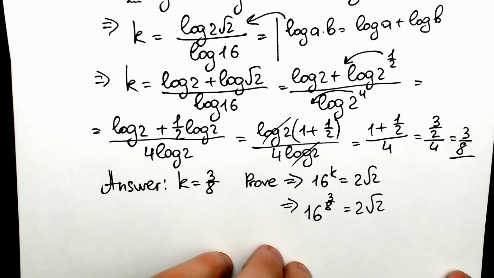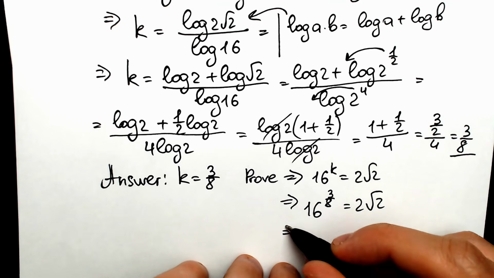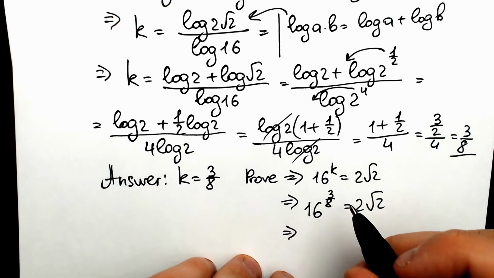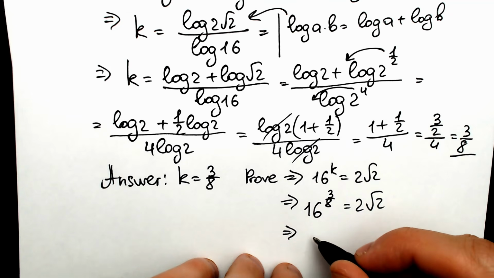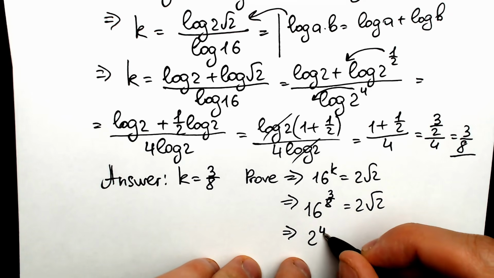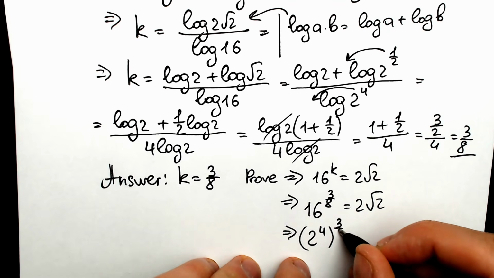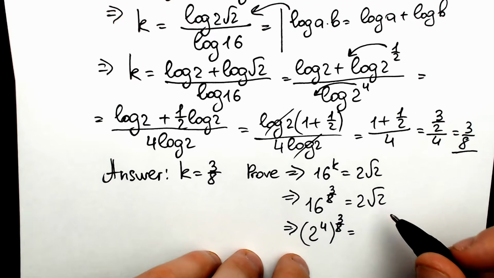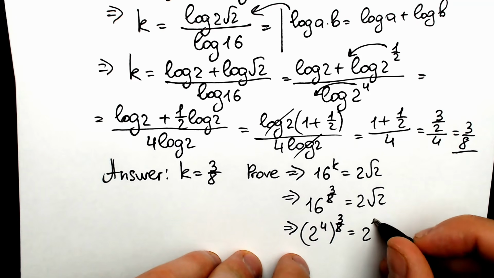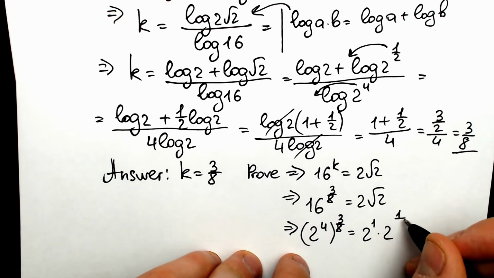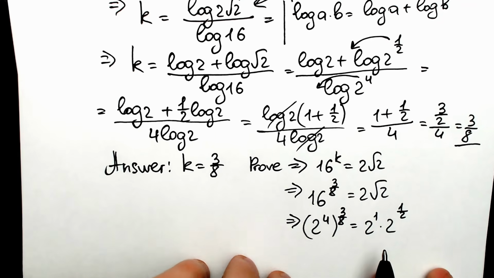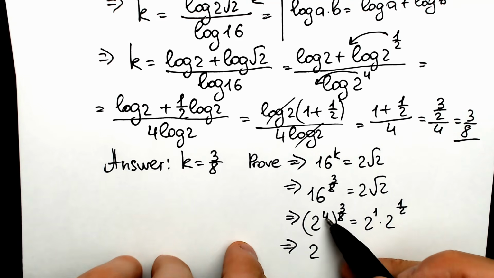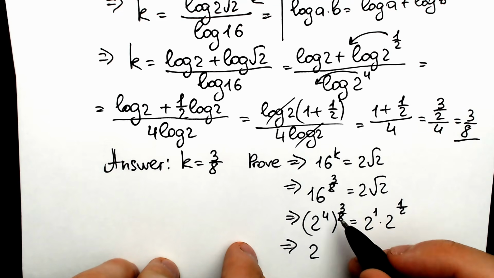Okay, really great. Right now let's think a little bit how we can check it. First of all, let's use the same logic. Instead of this 16, we can write 2 to the power 4, and raised to the power 3 over 8, equal to the right side. Let's do the same thing as we had before. So we had 2 to the power 1 times 2 to the power 1/2. And right now on the left side, we can write it as 2 to the power 4 times 3/8, which is 3/2.